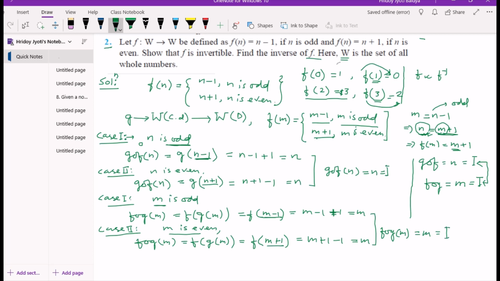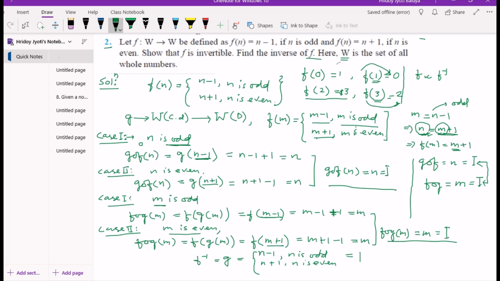So combining these two cases, z of f is also the identity function and f of z is also the identity function. We can declare that f inverse is equal to z, and it is defined as, we can choose any one of the two variables, either m or n: n minus 1 when n is odd, and n plus 1 when n is even, which is nothing but equal to f.